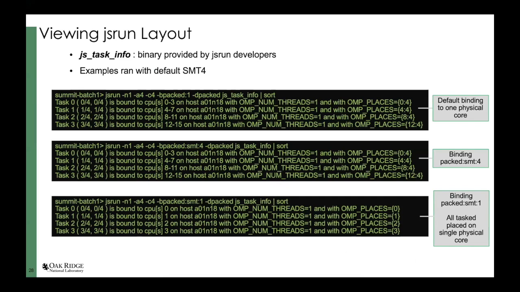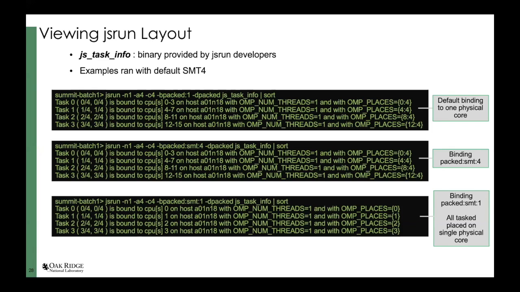When you run this through JSRun, it will print out the layout. So in this first example, I printed the layout using pact1 and look at where the threads are set and where they are bound to, where OMP places is set to.